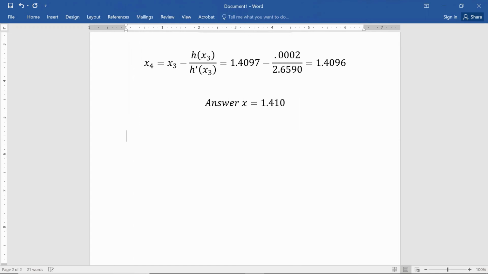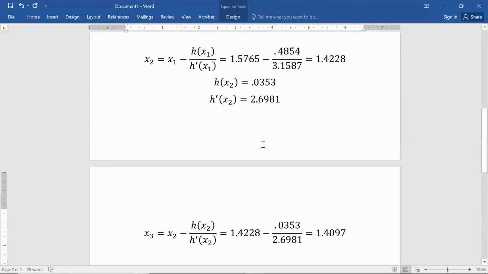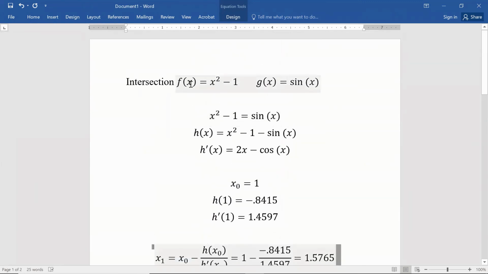And the intersection point of the 2 functions is going to have an x value of 1.410. And the y value is what we're going to get when you plug it into the original function. So if I take 1.410 and plug it into my function f of x, I get about 0.9881.